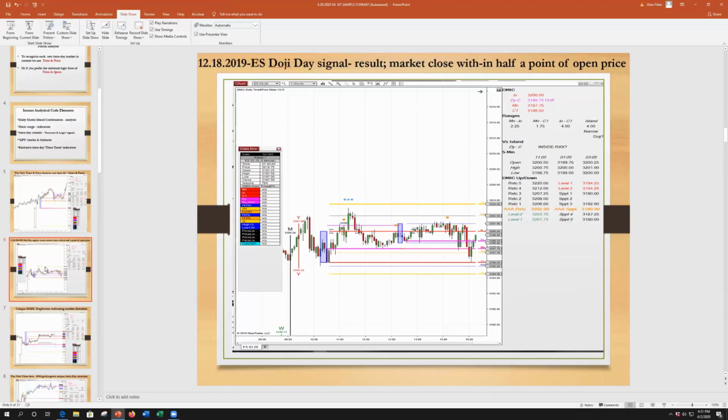This is the ES chart of 12/18/29. A clear indicator today under the ranges is that we expect a doji day. This means the market is projected to close within about 1 to 2 points of the open price.